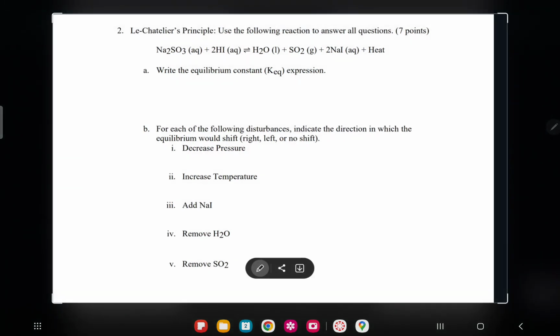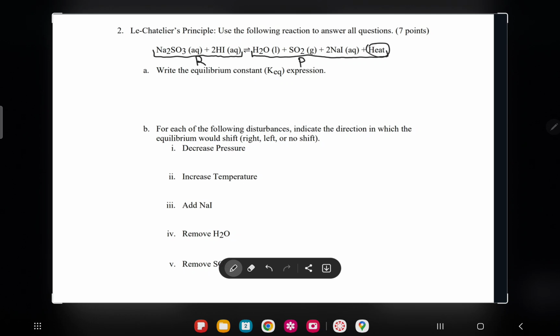Alright, so in this equation, we're looking at a few things, right? First, we're going to figure out what's our products and what's our reactants. This is going to be our reactants. And then we have our products. Now, there's another part to this where we have the heat.